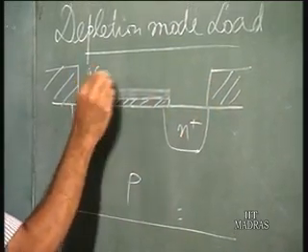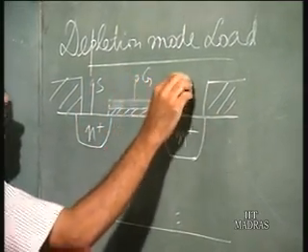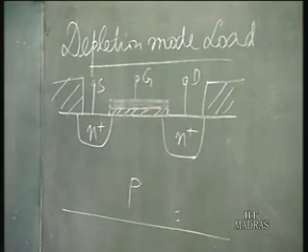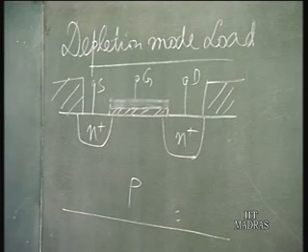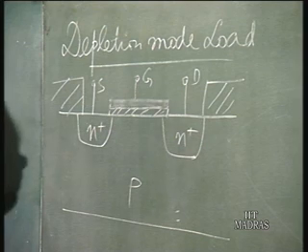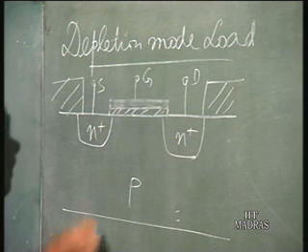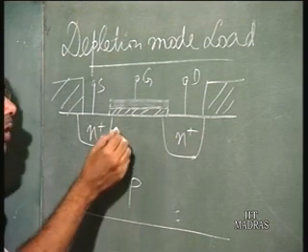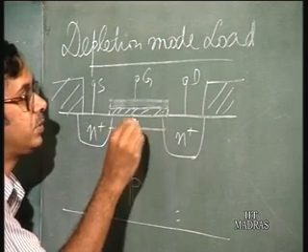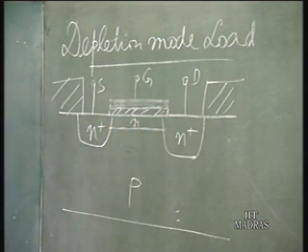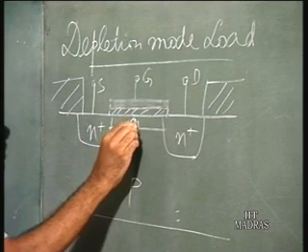So, this is the source, this is the gate, this is the drain. So, you have to apply a positive gate voltage to create the channel, that is the channel consisting of electrons. Now, here in a depletion mode transistor, what you do is you already create a channel, that is you use ion implantation to create an N channel here.